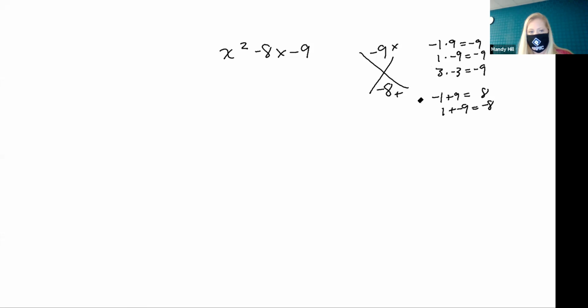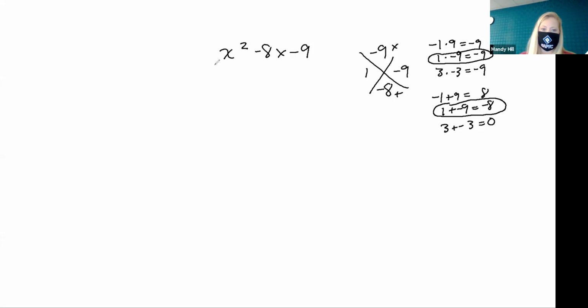And then 3 plus negative 3, well, that's 0. So the one that has to be right is this one that adds to be negative 8, that multiplies to be negative 9. So we need a 1 and a negative 9. So our answer would be x plus 1, because the 1's positive, and x minus 9.